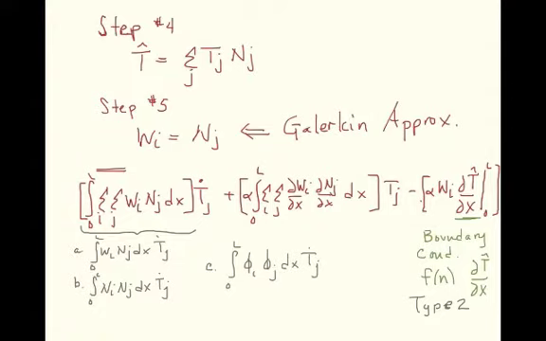I will stick with the Wi Nj so that we can denote that we've got a weight function and a basis function. As you go through, if you wish to use Ni Nj or phi i phi j, that's fine. For ease of keeping the pieces clear while we learn it, I think Wi Nj is the way to do that.